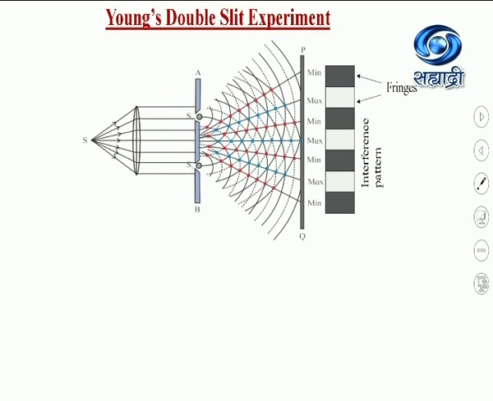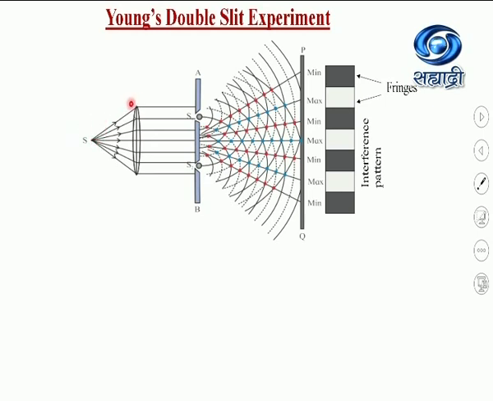These parallel rays or plane wavefronts are made to fall on opaque screen AB, which consists of two narrow slits S1 and S2. We assume that S1 and S2 are equidistant from the source S.